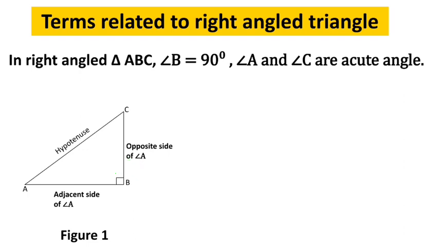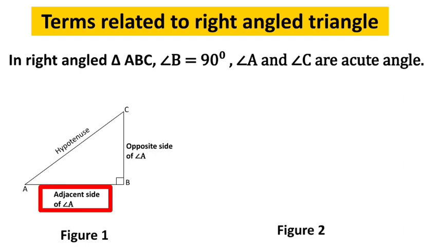The side opposite to angle A is BC, called the opposite side of angle A, and the side opposite to 90 degrees is the hypotenuse. Now students, the remaining side, side AB, is the adjacent side of angle A.